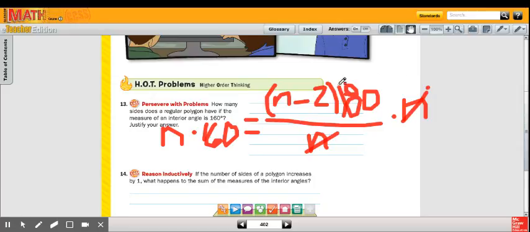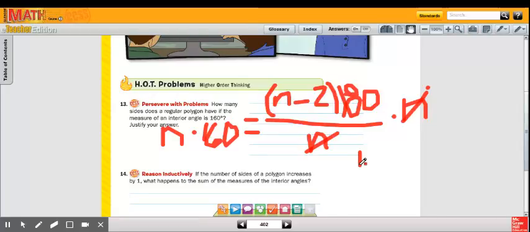So it looks like now I have n minus 2 times 180 equals 160n. If I do the distributive property here, I think I'm going to get 180n minus 360. So that means I have 180n minus 360 here, and I have 160n over here.